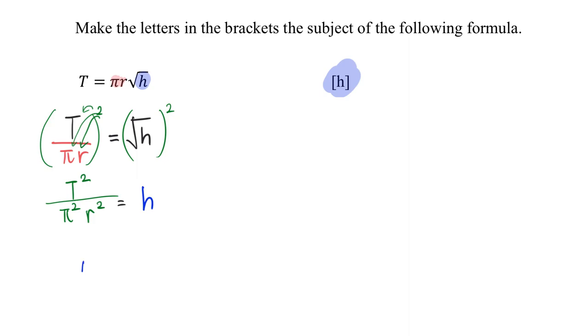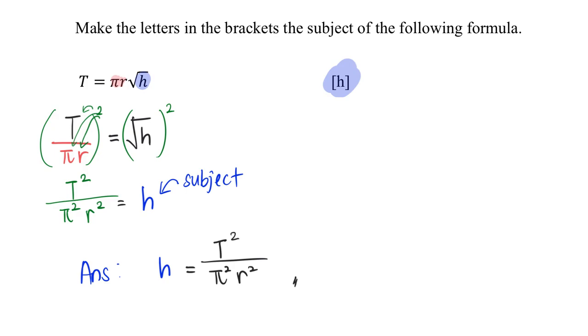And final answer, because this is the subject, do make sure that it is at the left hand side. T square over pi square R square. And we have come to the end of this part of the video. Let's continue for the next example.